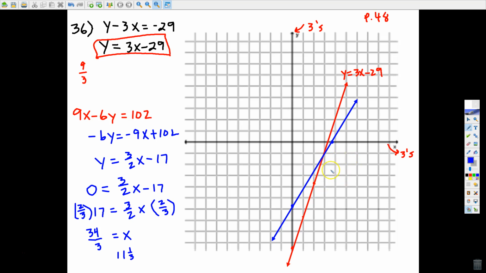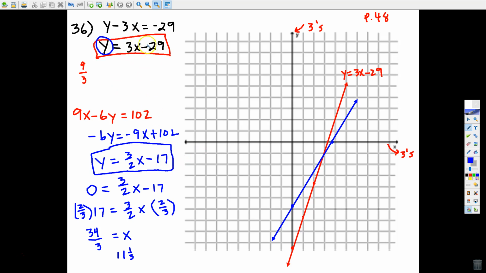So we're going to use the tried and true either substitution or elimination. And since I used elimination in my class example, let's use substitution for this one. Since these are already solved for y, I solved them for y for the sake of graphing, then substitution says since y is equal to 3/2 x minus 17, then I can replace the y up here with 3/2 x minus 17.